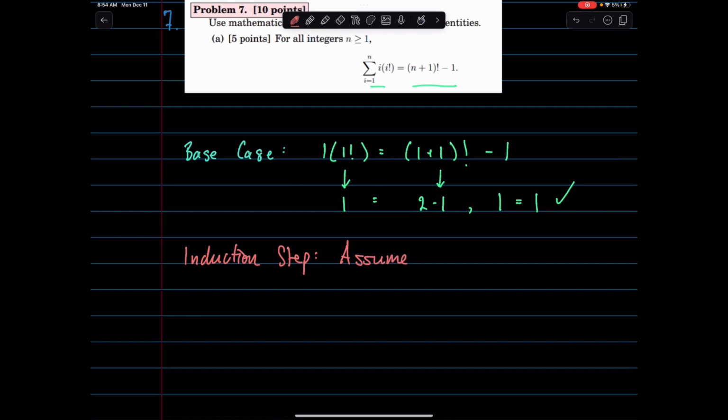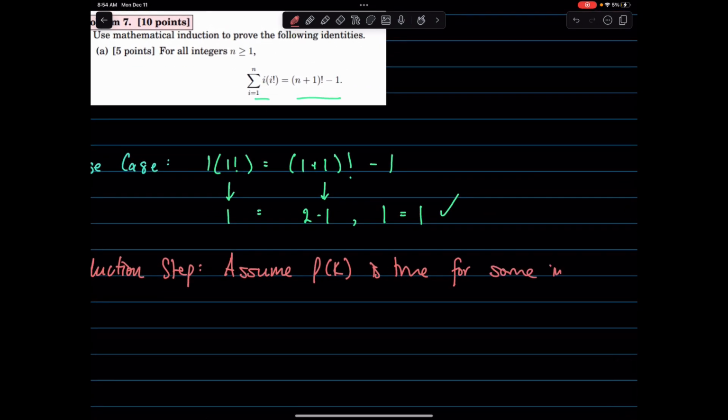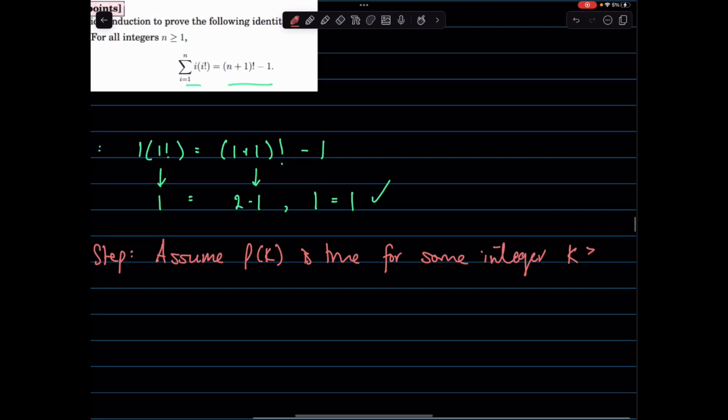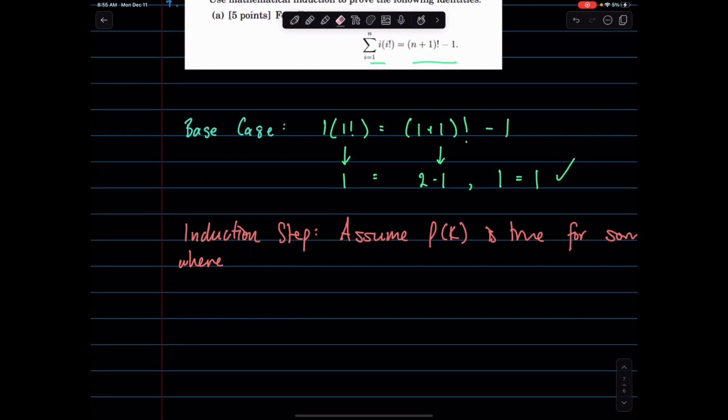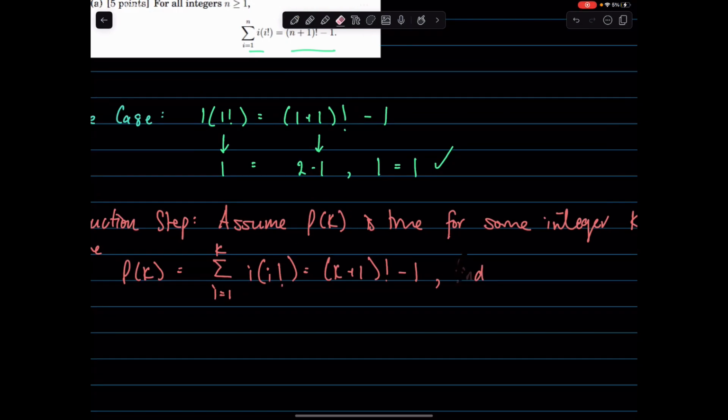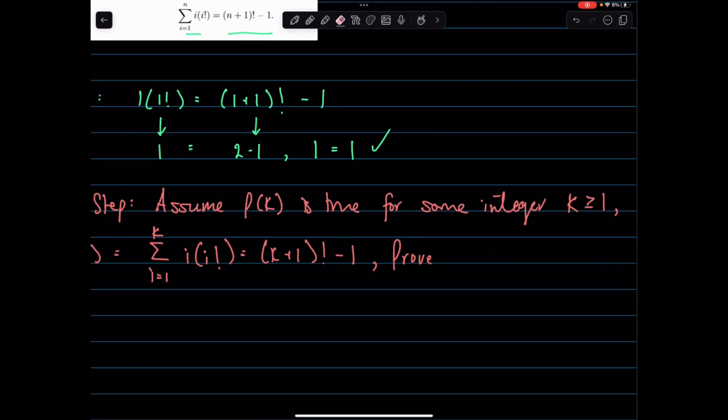Where we assume P(k) is true for some k, and we want to prove that P(k plus 1) is true.